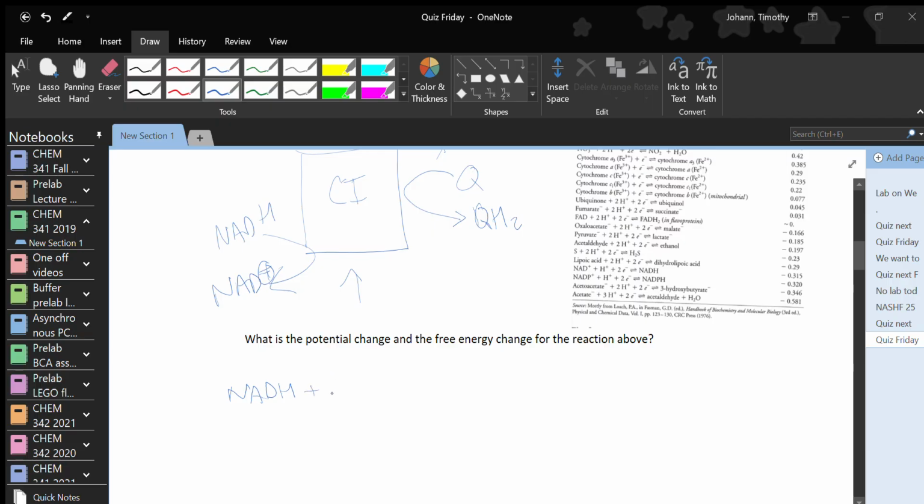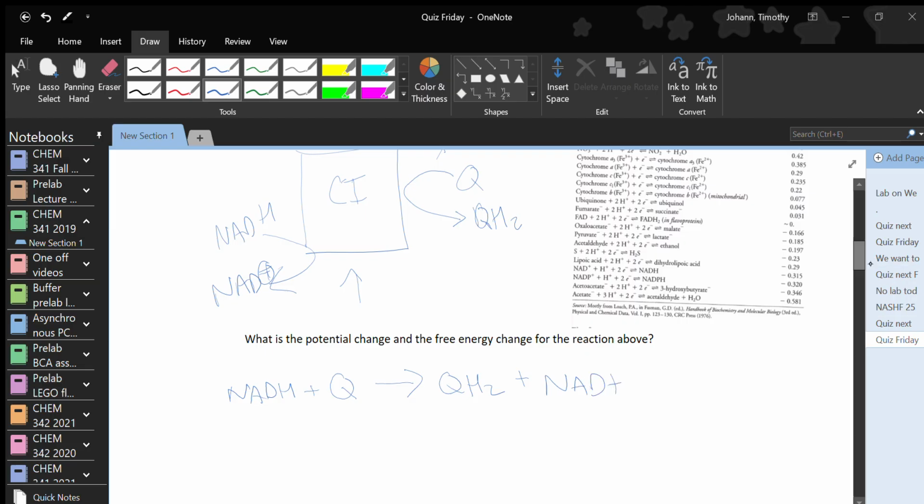So we have NADH, we have ubiquinone, right? I'm not going to worry about the protons again, but there are 2 electrons in each, and they're going to cancel. Actually, I should have done one where we had to multiply times 2. But we get ubiquinol, plus NAD plus.